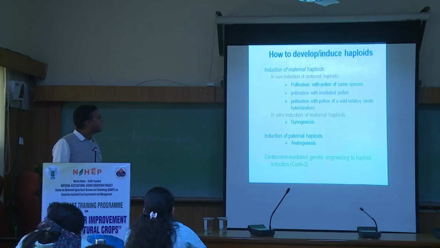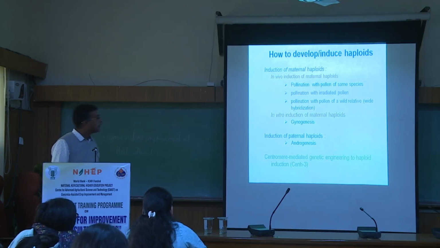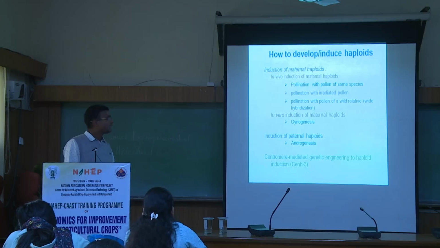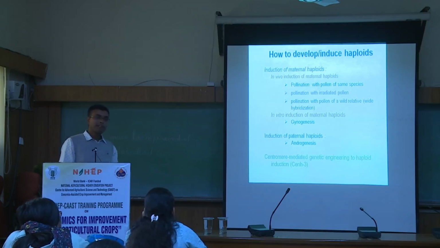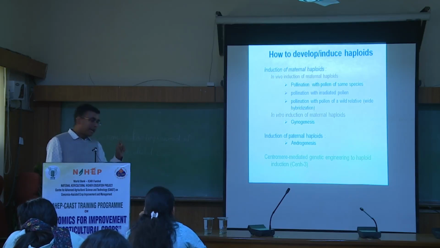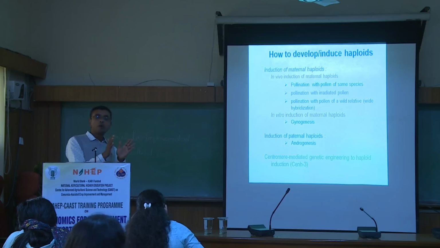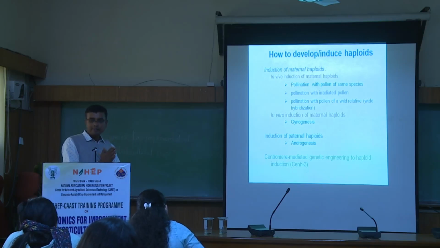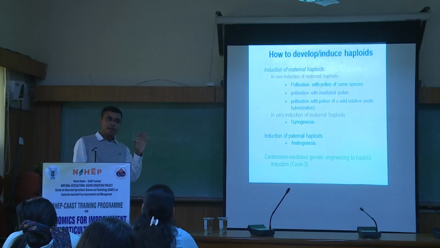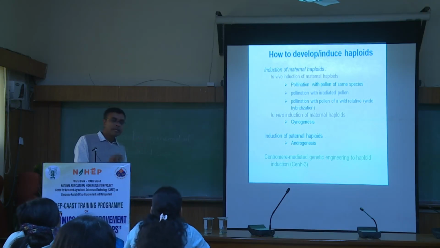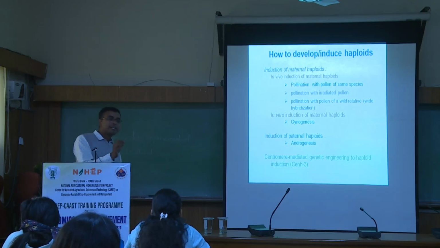Besides this, you can do it from maternal haploids by using a certain technology like irradiated pollen, no? For pollination, suppose a plant where you want to induce haploids has female flower buds. Then you take, for pollination, irradiated pollen of the same species, maybe from a different variety.